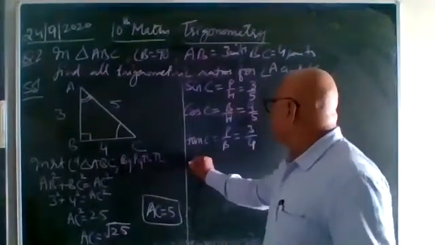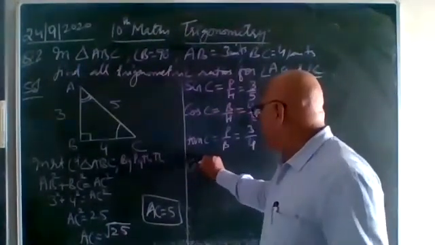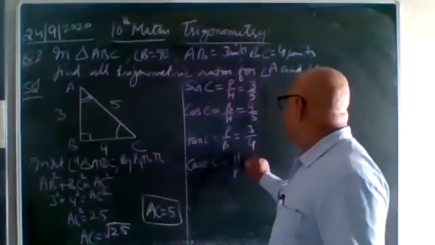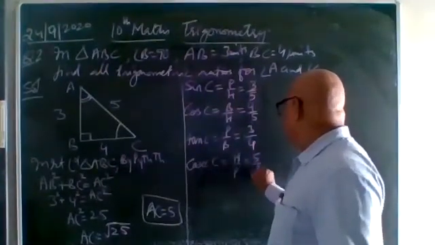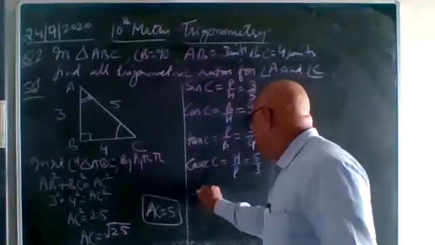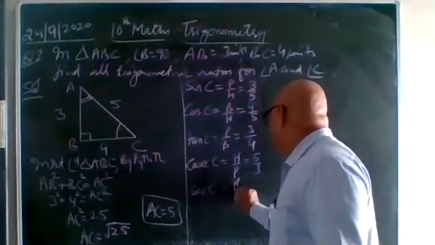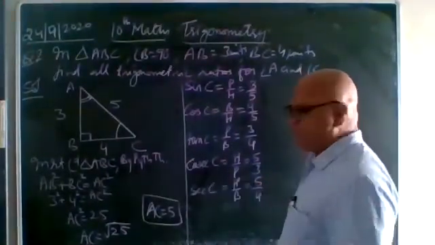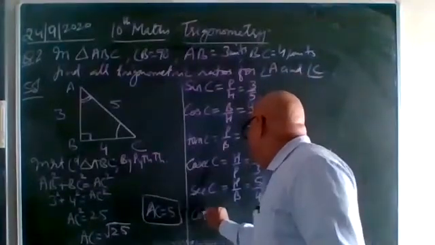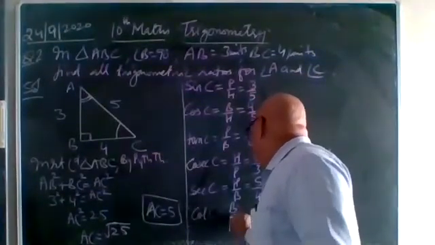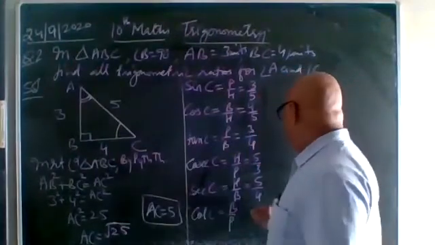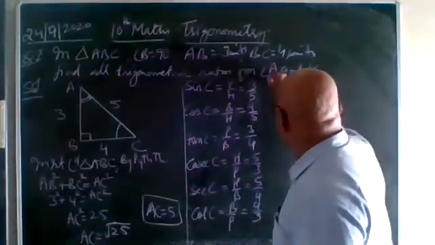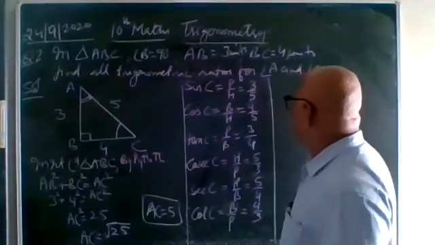Cosec C is H upon P, that is 5 upon 3. Sec C is H upon B, that is 5 upon 4. Cot C is base upon perpendicular, that is 4 upon 3.